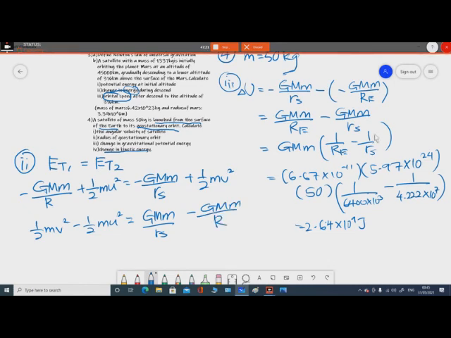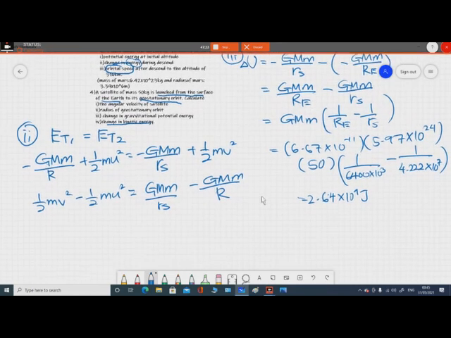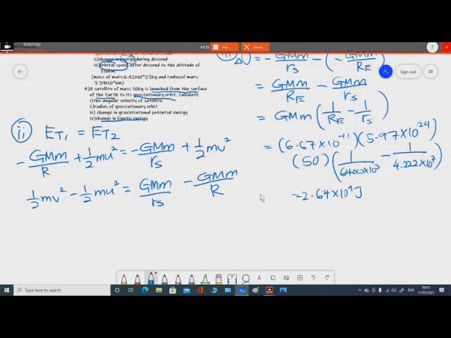We can see that the change in kinetic energy equals the negative change in potential energy.